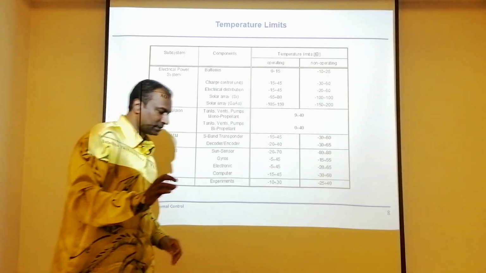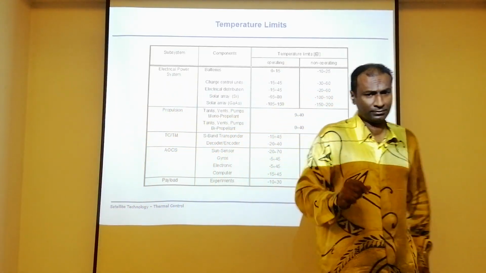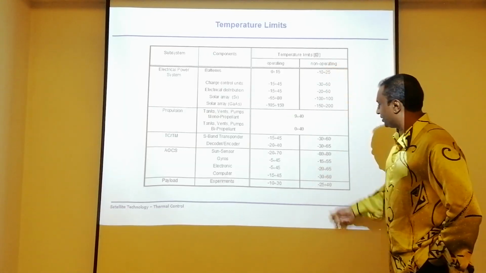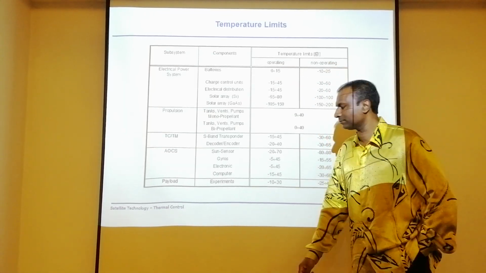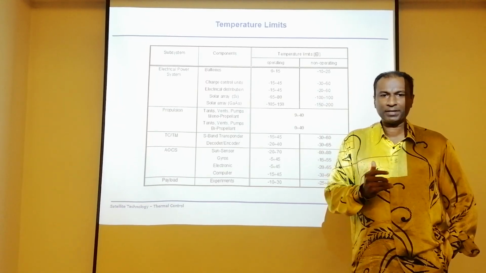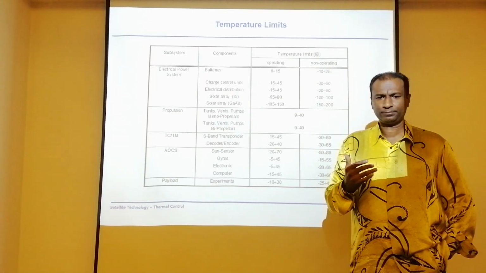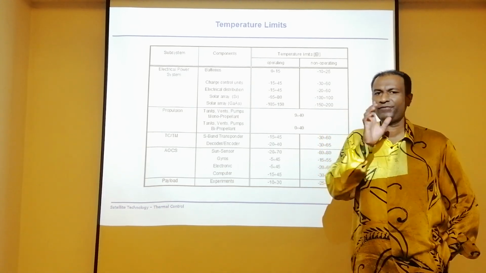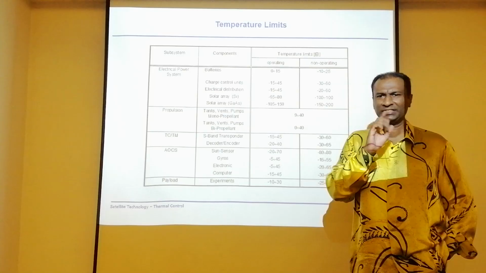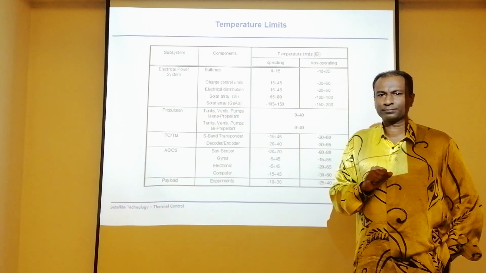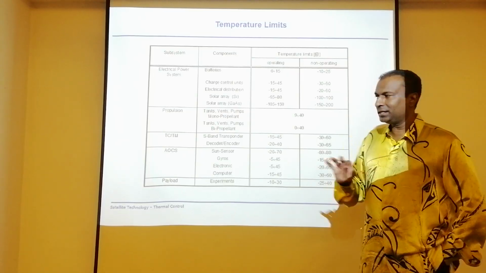Now, just to give you a tip, if you do an average here, technically speaking, if you look at most of the satellites, if you sit inside the satellite, you will feel that the temperature is around 10 degrees plus. Most of the satellites.